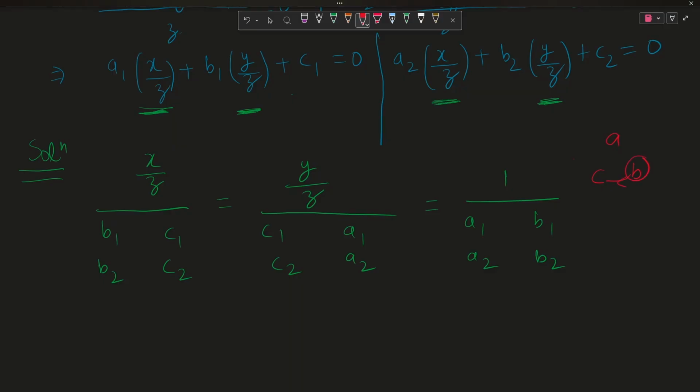Firstly, we take all the values of B, then all the values of C, then all the values of A, and at last A and B. So by that we can arrange the denominator in that form: b1 b2, then c1 c2, then c1 c2, c1 c2, a1 a2, a1 a2, b1 b2, right? In that manner.